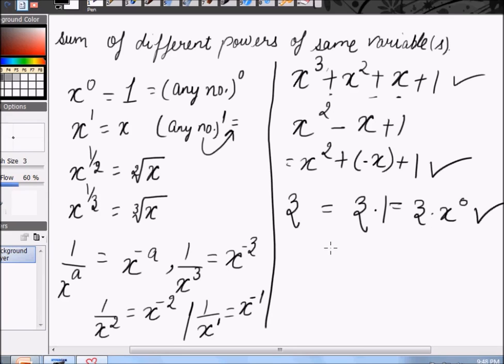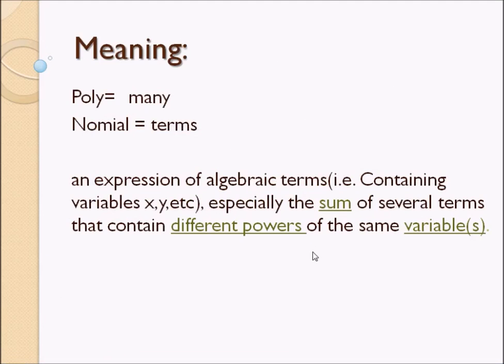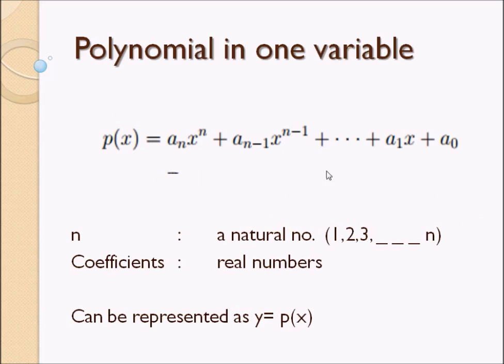Now, polynomial in one variable. A polynomial in one variable can be represented as p of x equals a n x raised to power n plus a of n minus 1 x raised to power n minus 1 plus, and so on.